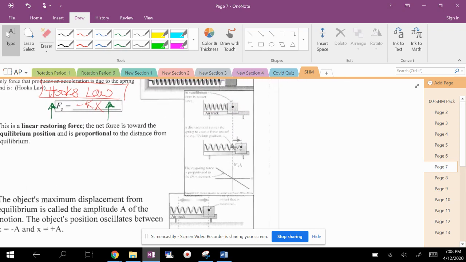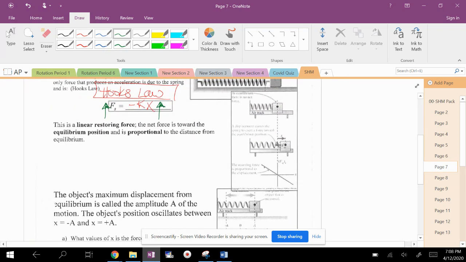This is a nice little graphic of it. You see that when it's in the positive location, so this negative sign is important because if I go in the positive x direction, which way is that force pushing it back? Okay, so if this is positive x, that force is pushing it back in the negative direction. And that's why that negative sign is there.